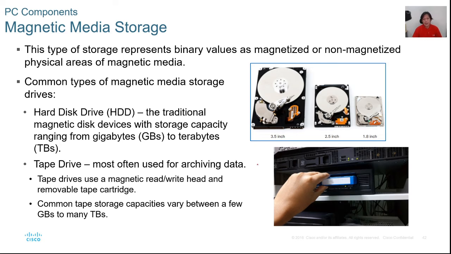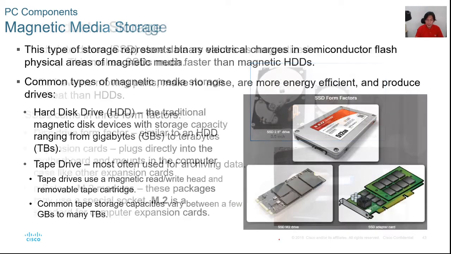During the old versions, we had the tape drive used to back up data from servers. Tape drives also use magnetic read-write heads, and common tape storage capacities are gigabytes and terabytes, which are used for backup systems.